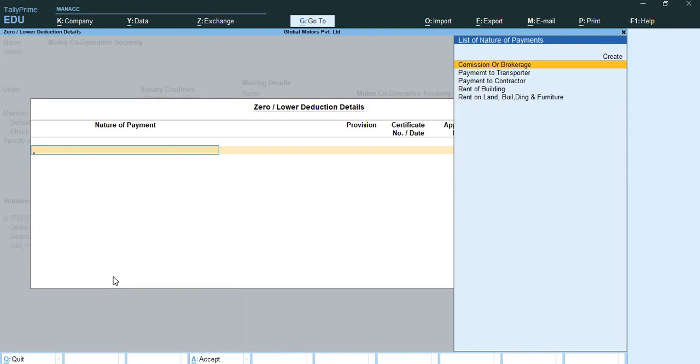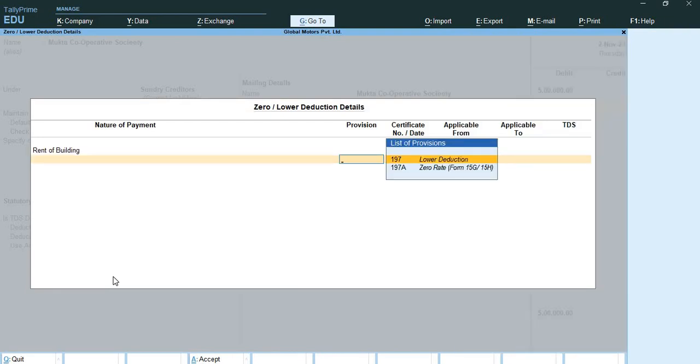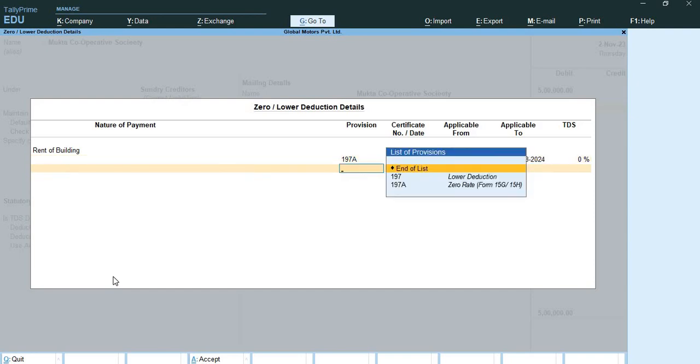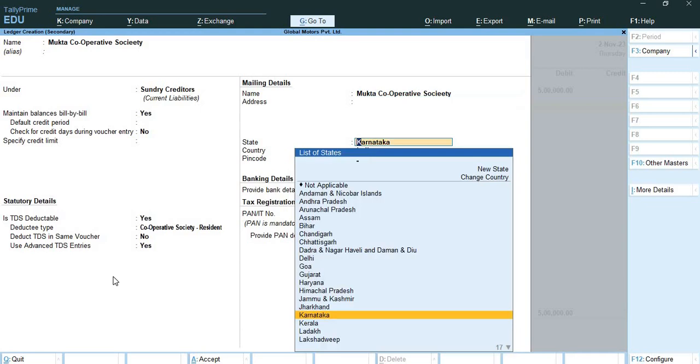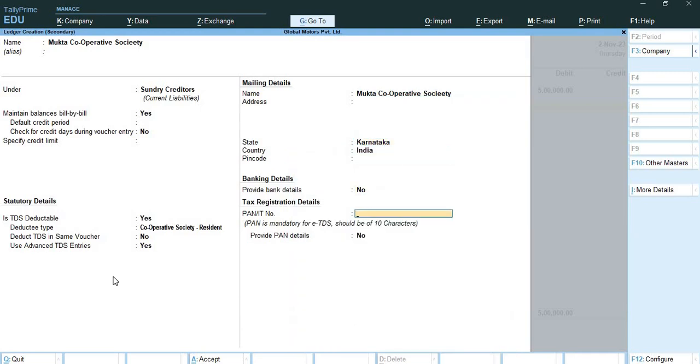Here I'll use rent of building under 197 deduction, and the certificate number is 1112023, applicable from 1st April to 31st March at zero rate. That's it. And here I'll add the PAN details.